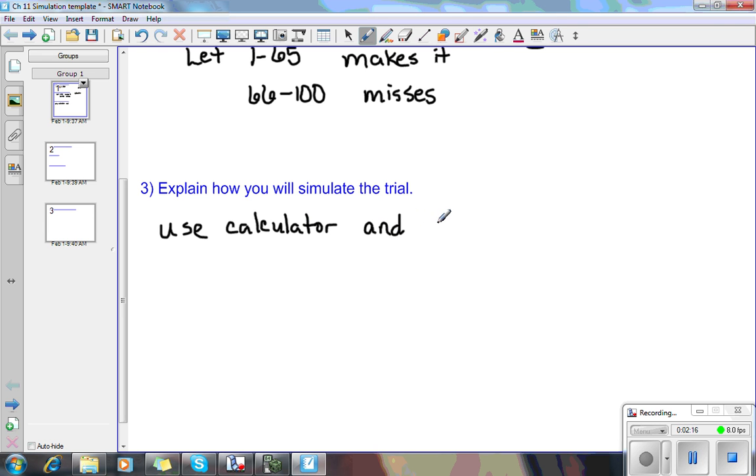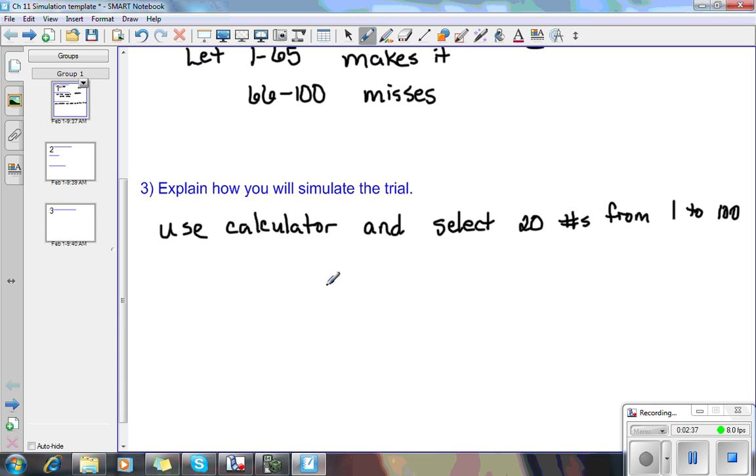and select 20 numbers from 1 to 100. And then what am I going to do? Well, I need to know how often she made 6 in a row.